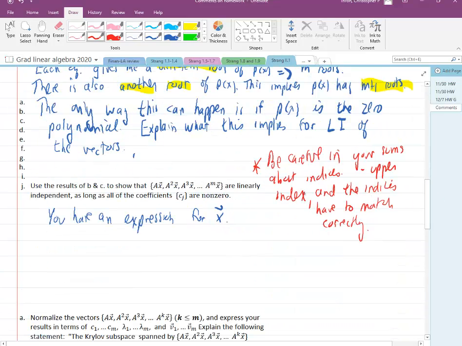Okay, and the indices within the sum have to match correctly. So you have an expression for x in terms of sums, as a sum. Okay, you can apply a. Well, here, since a runs from 1 to m, I would apply a to the j to that expression.